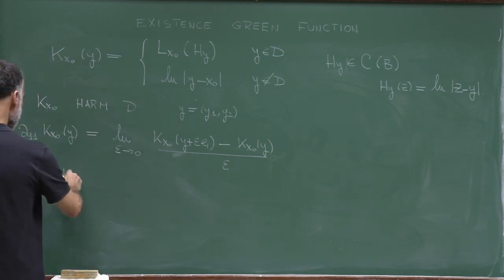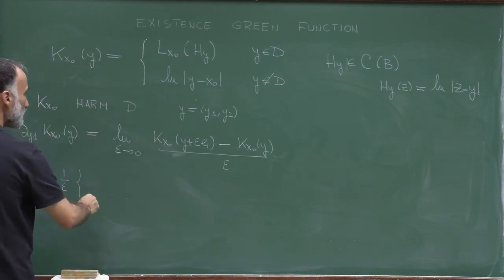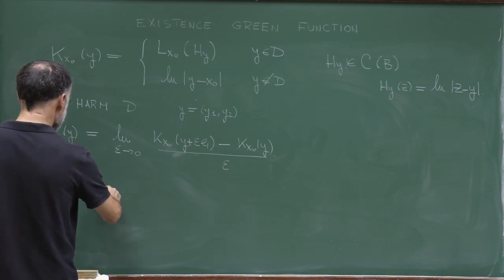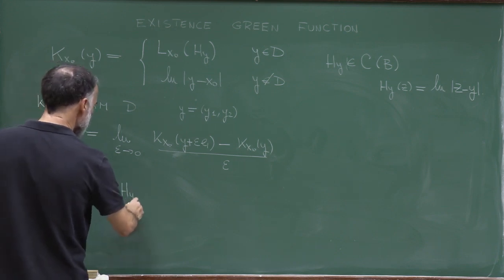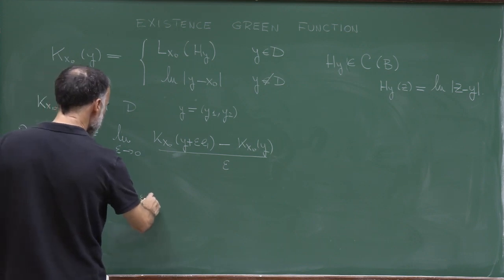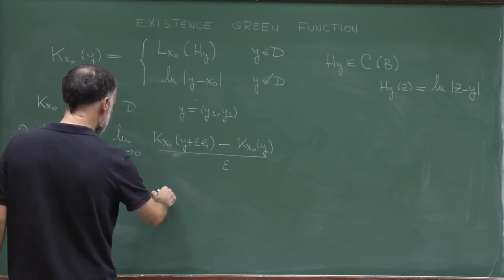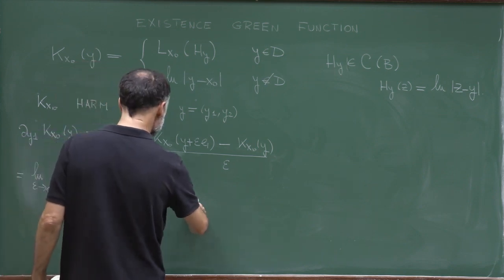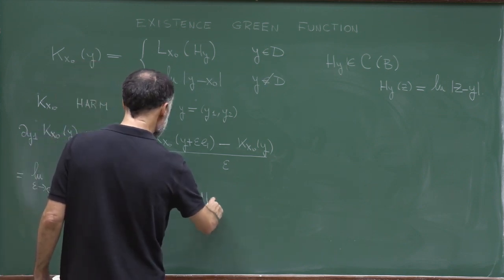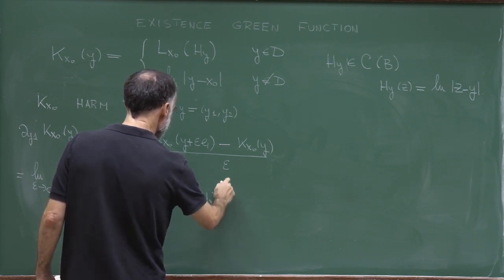So this is 1 over epsilon times Lx0 of h at y plus epsilon e1, let me go step by step, minus Lx0 of hy. Right.